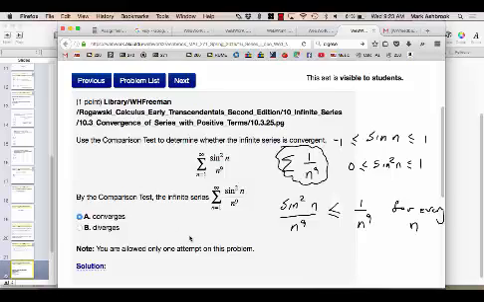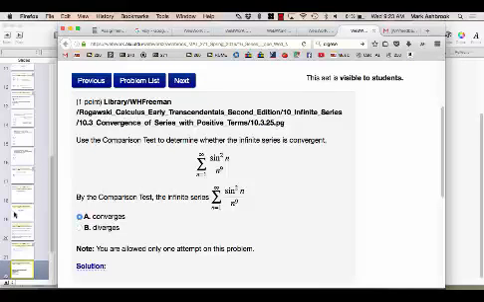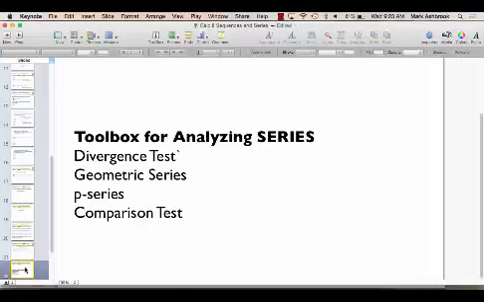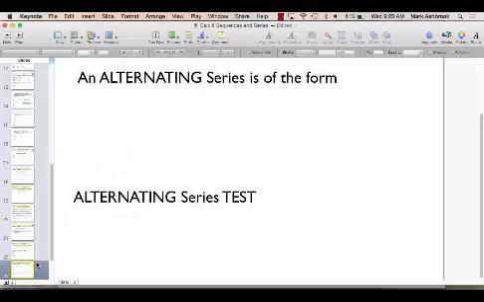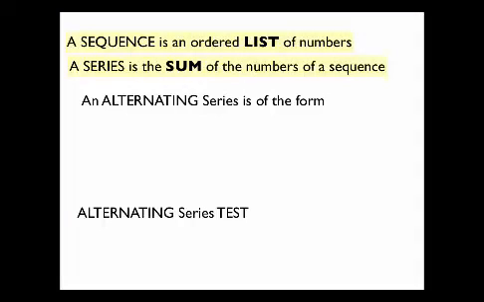We've got the toolbox, and we're going to add to the toolbox here. Okay, so an alternating series. We've already seen examples of alternating series, but let's define it. So an alternating series is of this form.